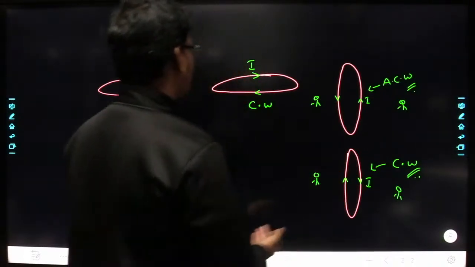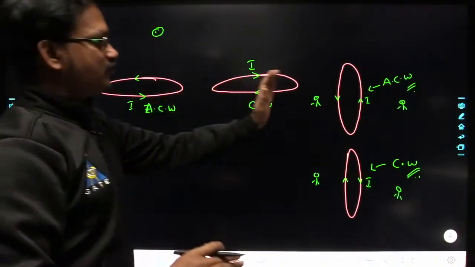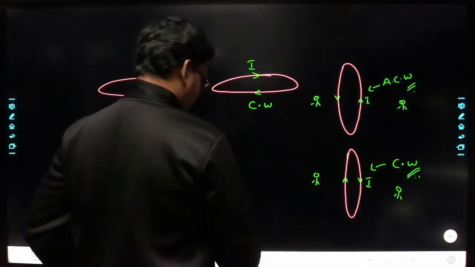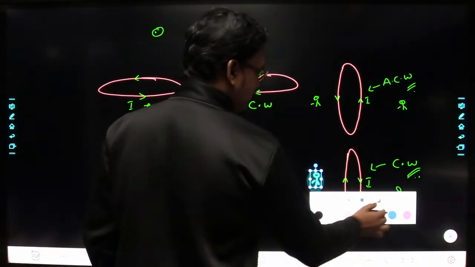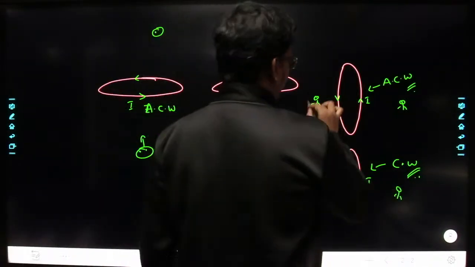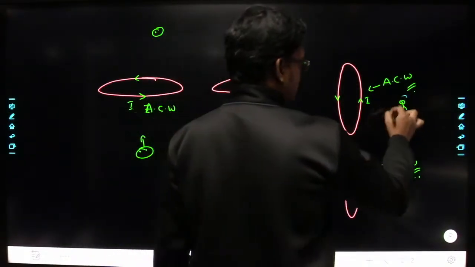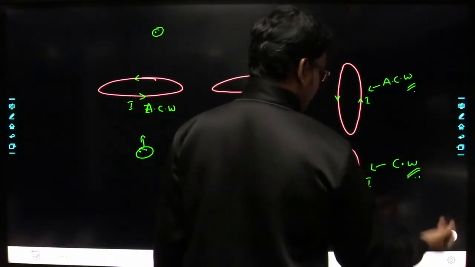Every time you cannot take the reference as top view, bottom view, or side view, left, right, like that. So whenever I am mentioning clockwise and anti-clockwise, just follow this convention. I am specifying the convention before considering it as clockwise or anti-clockwise. You can follow any convention, it doesn't matter.